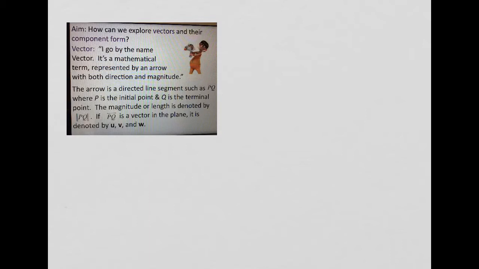So the arrow is a directed line segment, okay, such as vector PQ. Okay, and it's kind of not showing up on my slide right now. I had to update all the mathematical symbols, so it should be an arrow there.